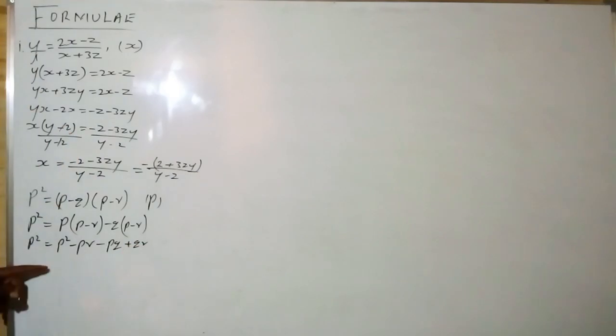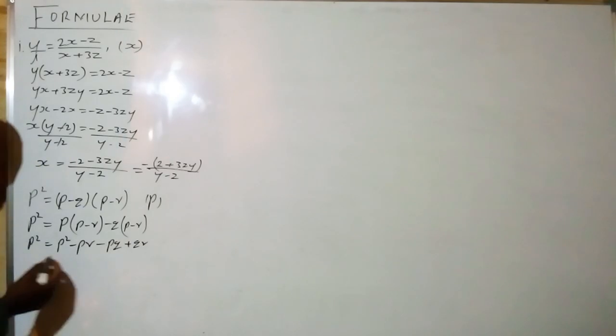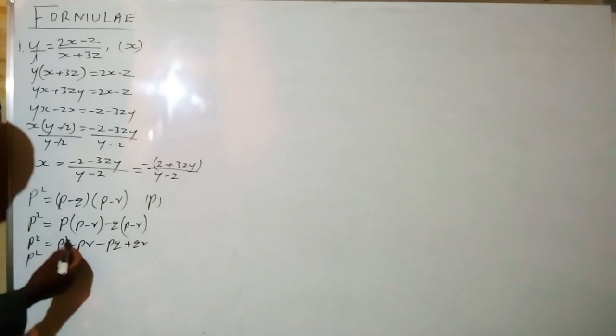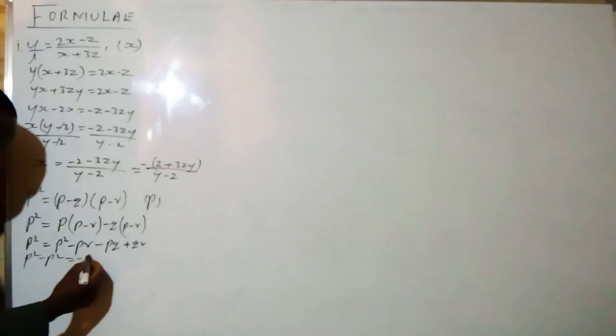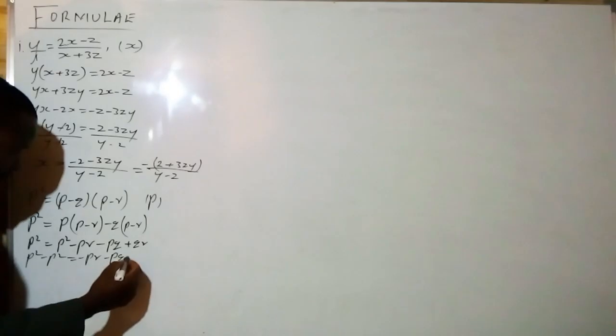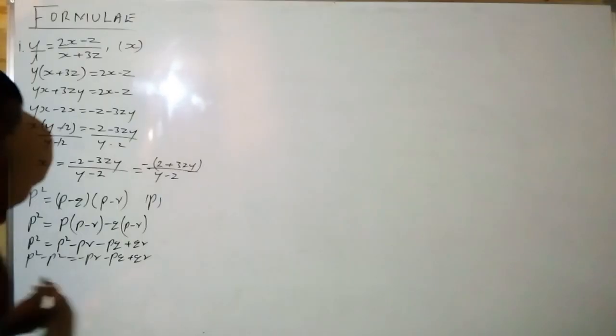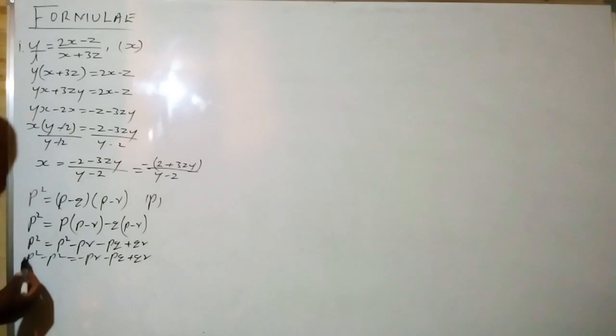Then we have p squared like terms. This p squared, you take it from right to left: p squared minus p squared is equals to negative pr, negative pq plus qr. Positive p squared minus p squared is 0.